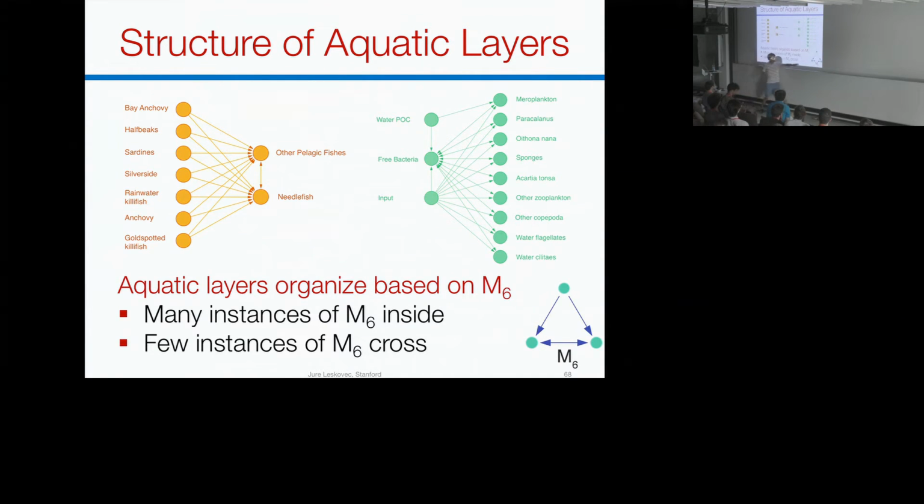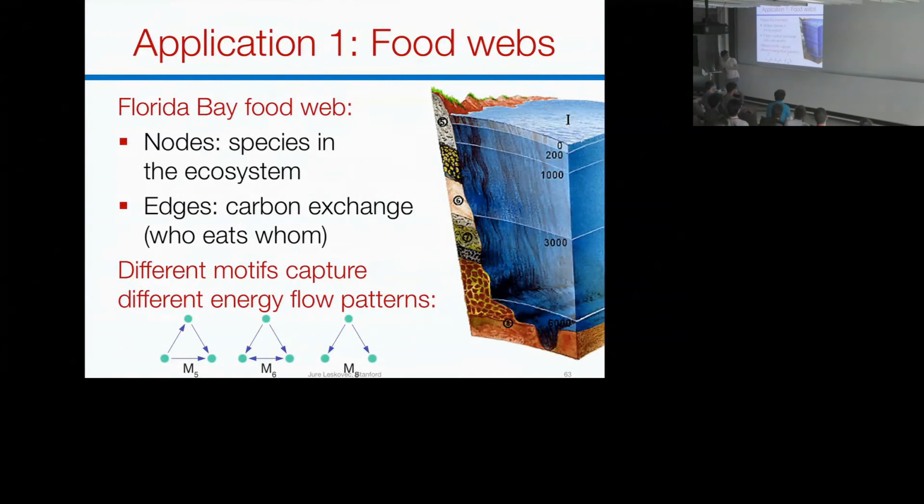Another reason why this motif makes a lot of sense is because this is a marine ecosystem, right? If I go to the way biologists draw this, this network operates in layers. You have this top layer where there's lots of light, and then you have other layers in the ecosystem.